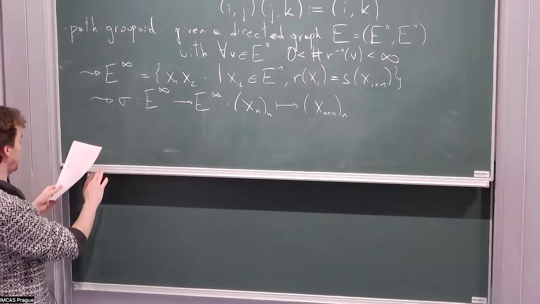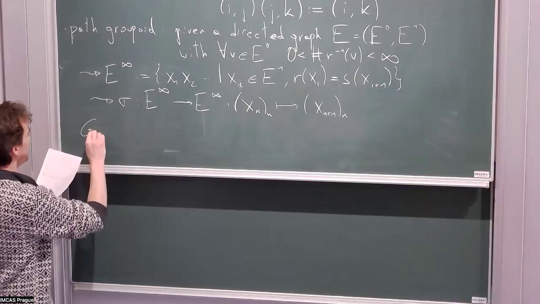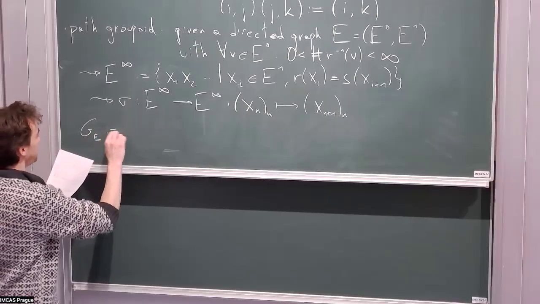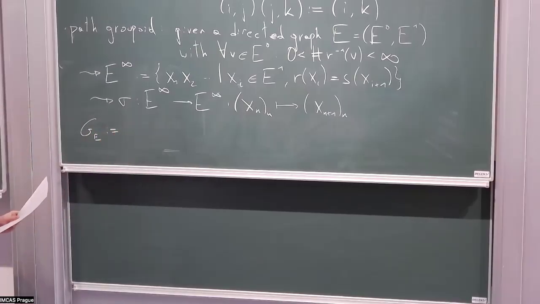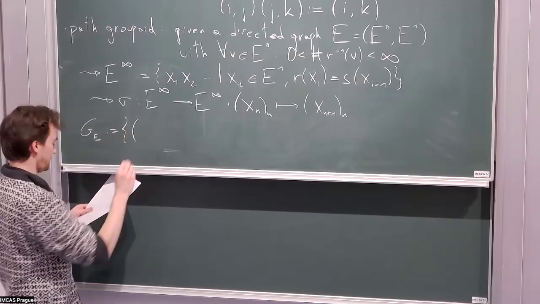And now the path groupoid is defined as follows.